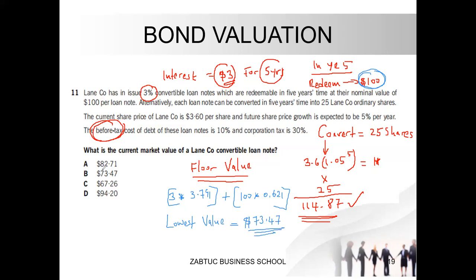This one also was there. Notice that. It was there as well. But we are looking at the market value and not the floor value. So if they say what is the floor value, that's what would have been given.